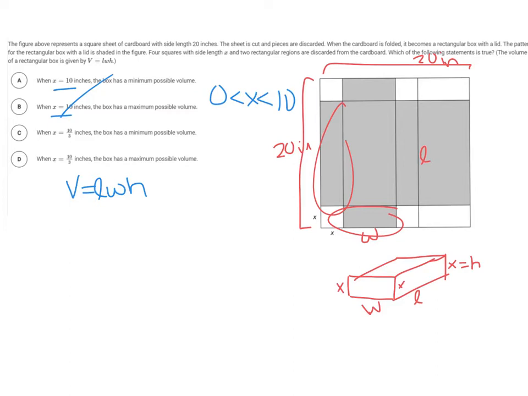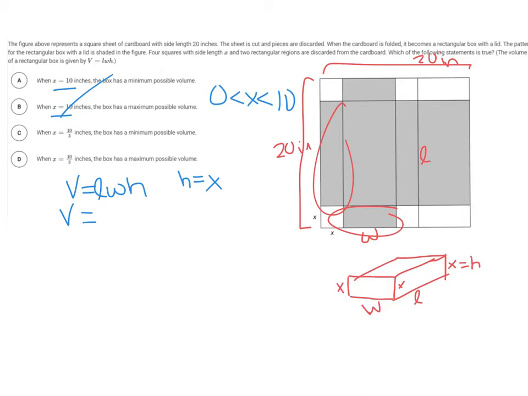So in order to figure out where our volume is a maximum or a minimum, you're going to want to write the entire volume equation in terms of X. So the first thing that we already know, and I mentioned it a few minutes ago, is that X is equal to H. So that's the first step. We're doing okay so far.